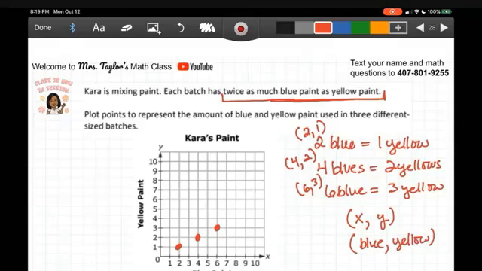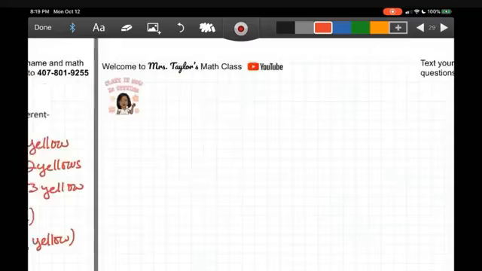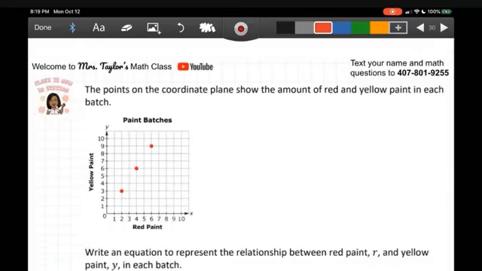Okay, let's see here. I think I have 1 or 2 more problems to do, then I'll call it a night. Okay, next one. It says the points on the coordinate plane show the amount of red and yellow paint in each batch. So write an equation to represent the relationship between red paint R and yellow paint Y in each batch.